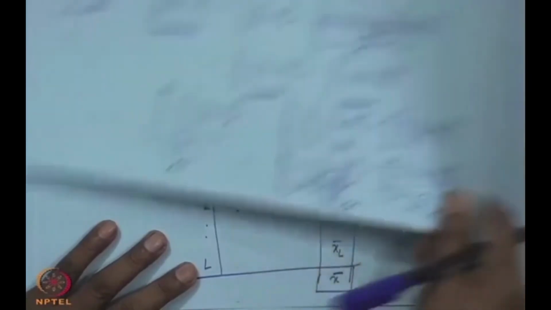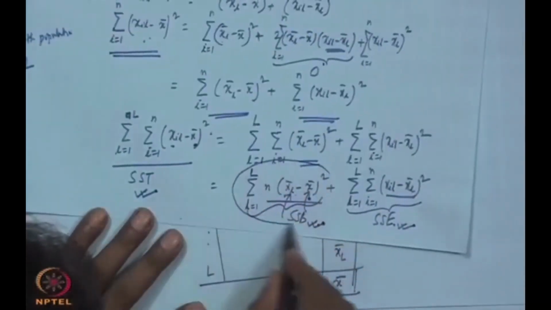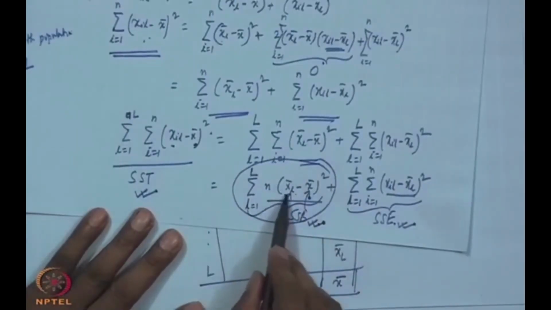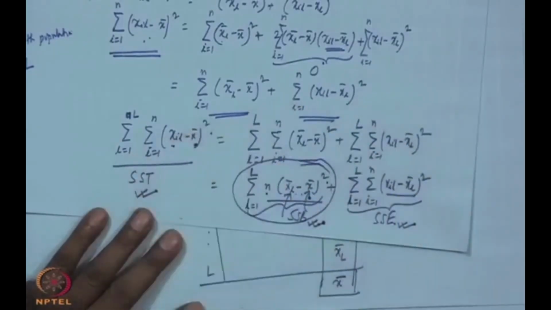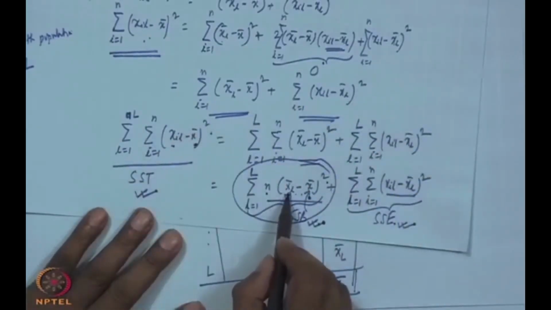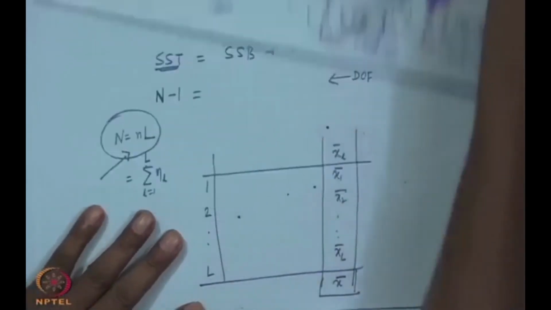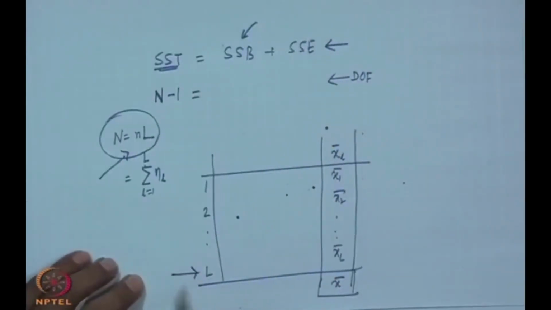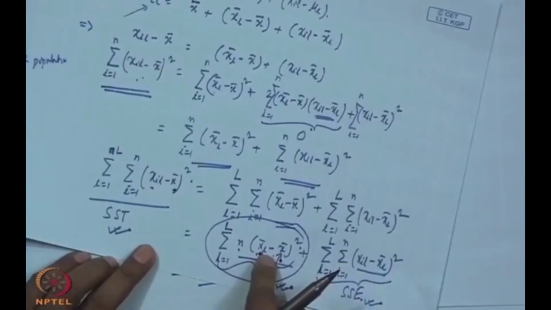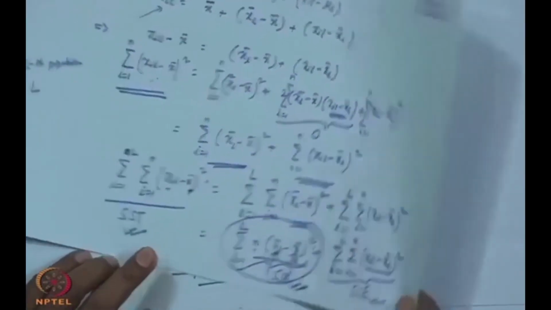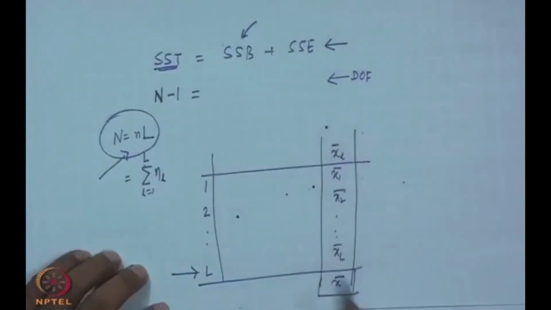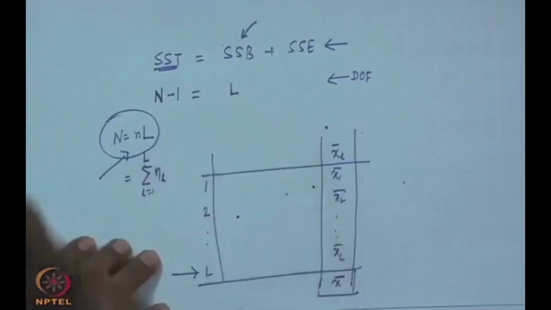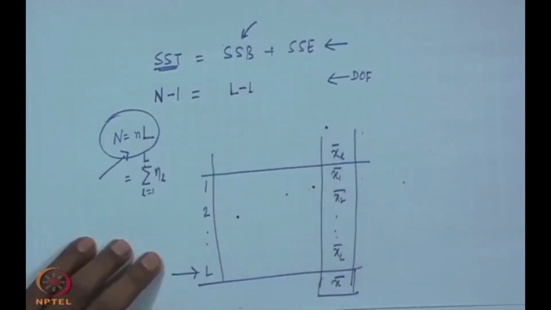In the computation of SSB, you find XL bar minus x bar whole square, multiplied by n, and then sum. So, essentially you are using XL bar. As there are L populations, and there is a relationship between the individual population means and the grand mean, 1 degree is lost. As a result, you have L data points and 1 degree is lost by computing the grand mean x bar.